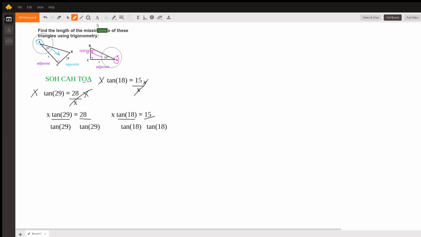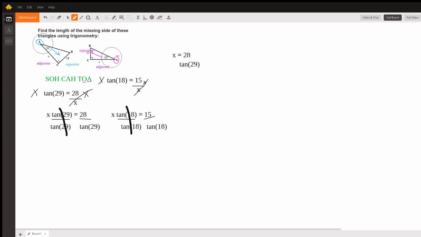So now these have canceled. These are gone. And turns out that I have my answers here. All that's left on the left is X equals 28 divided by the tangent of 29.